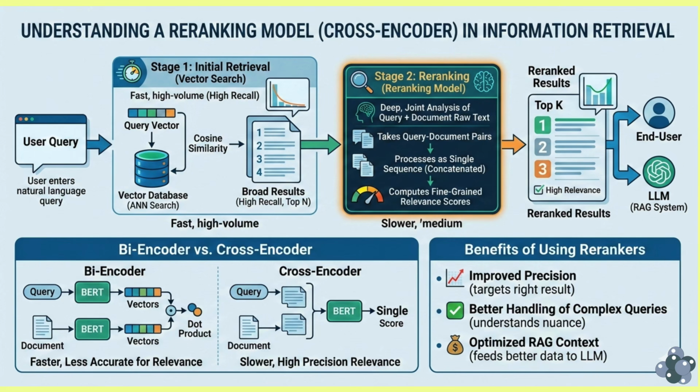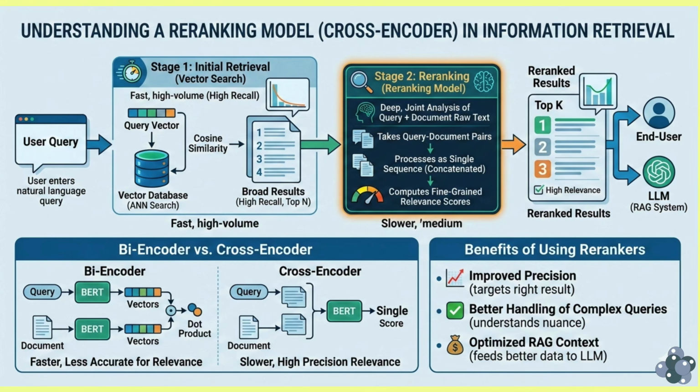This stage is highly efficient, enabling search over billions of documents, but the relevance ranking is based solely on the pre-computed static document vectors, which can sometimes result in information loss or a mismatch with the user's true intent.